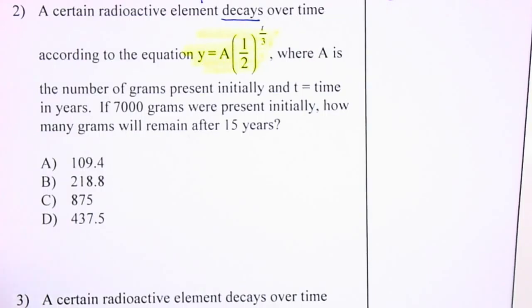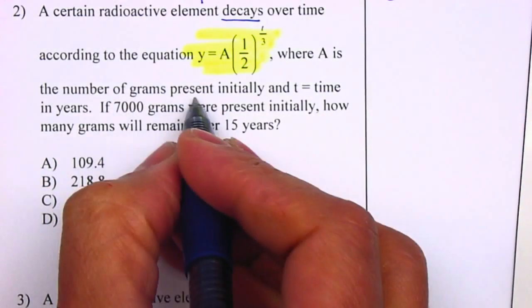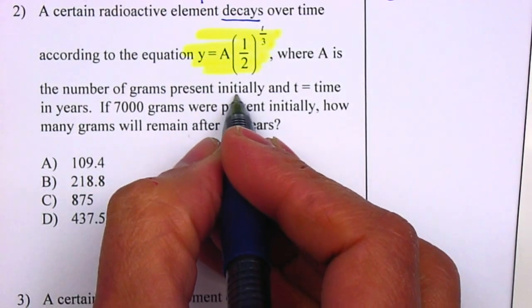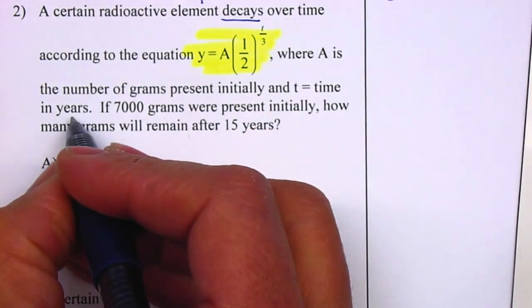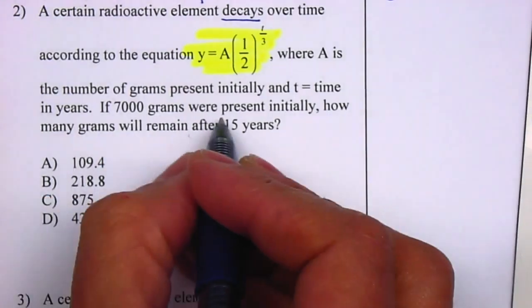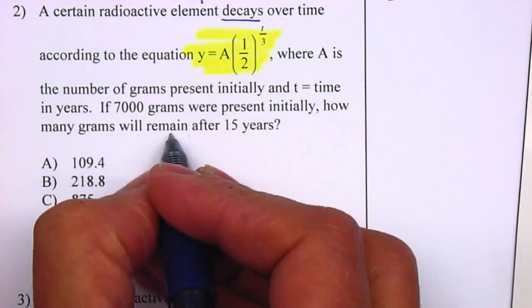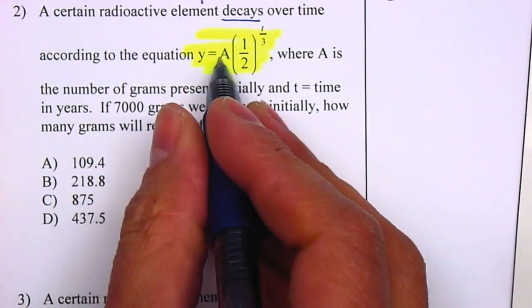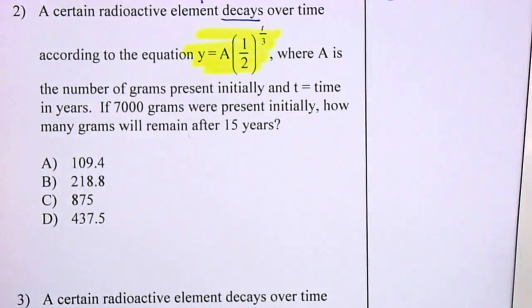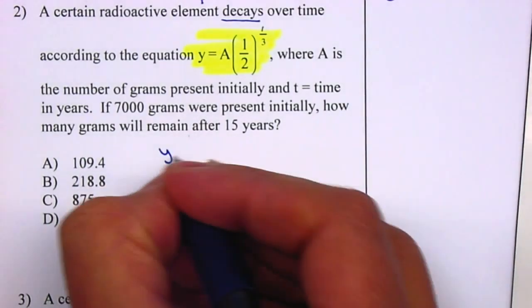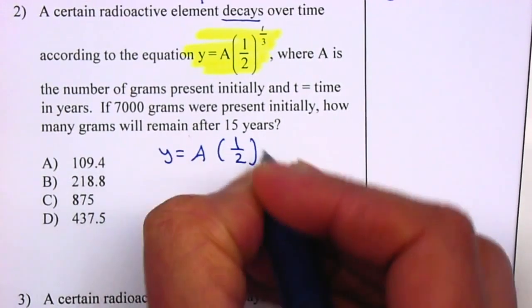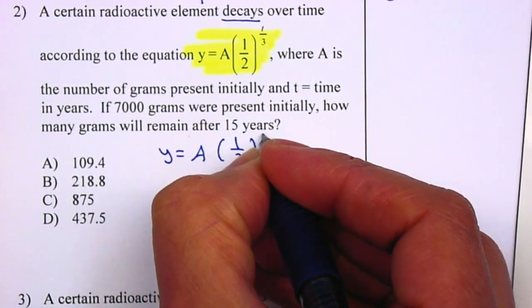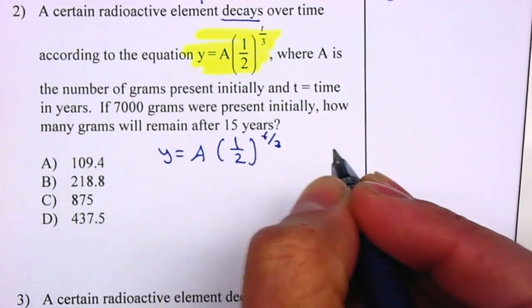And they tell you that A represents the number of grams present initially, and T will be the time in years. If 7,000 grams were present initially, how many grams will remain after 15 years? We're going to substitute the information they give us into the equation. So let's write down the equation first: A times 1/2 to the exponent of T divided by 3.